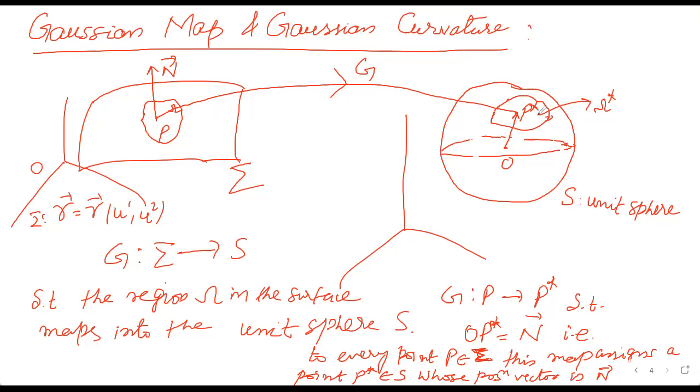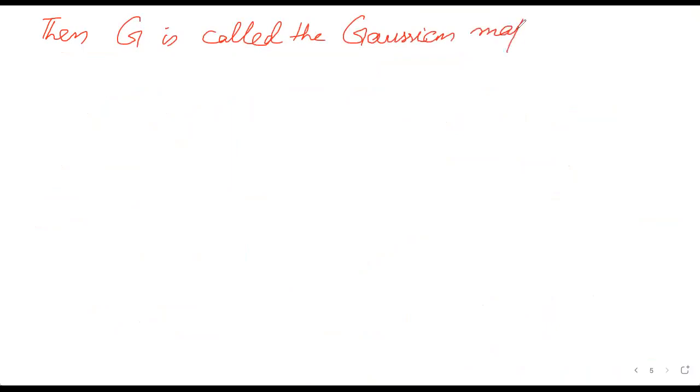Then this map G is called the Gaussian map or the spherical map of the surface.